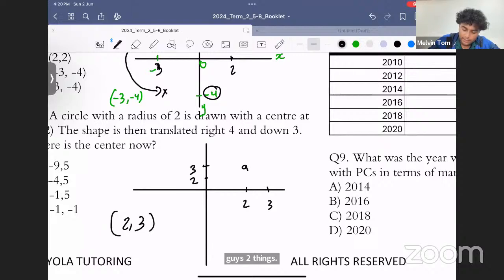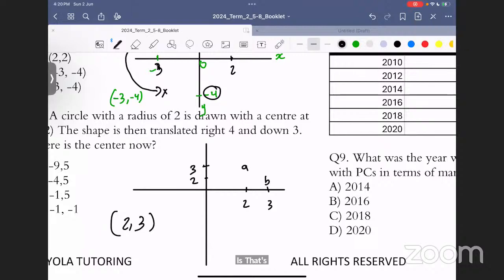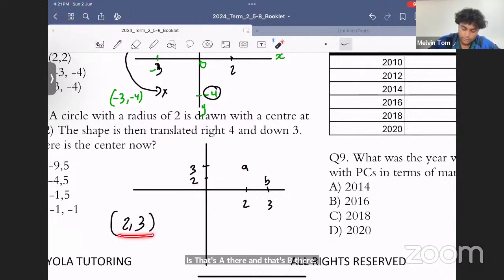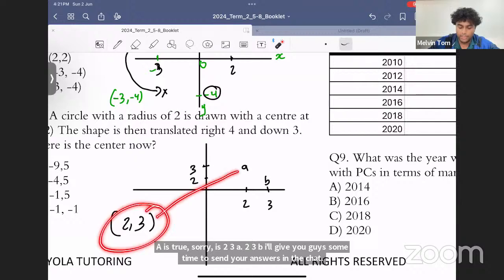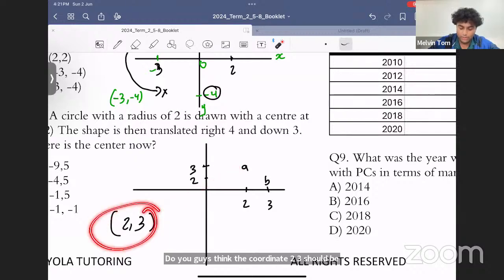That's A there, and that's B there. Is 2, 3 A or is 2, 3 B? I'll give you guys some time to send your answers in the chat. Do you think the coordinate 2, 3 should be A, or B?